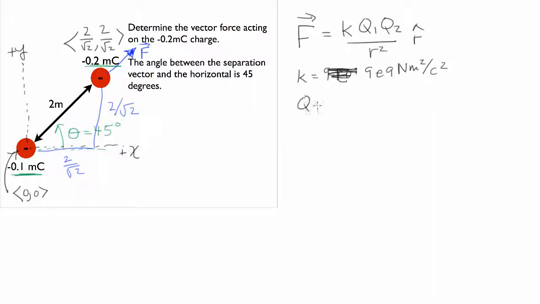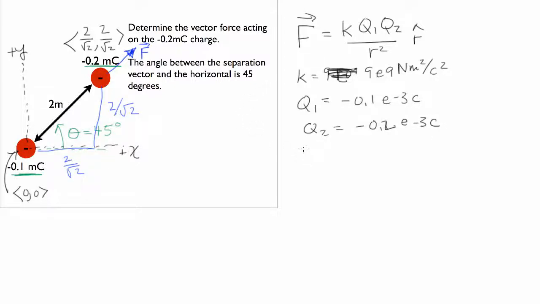The first charge, q1, is equal to negative 0.1 e to the -3 coulombs, and q2 is equal to negative 0.2 e to the -3 coulombs.